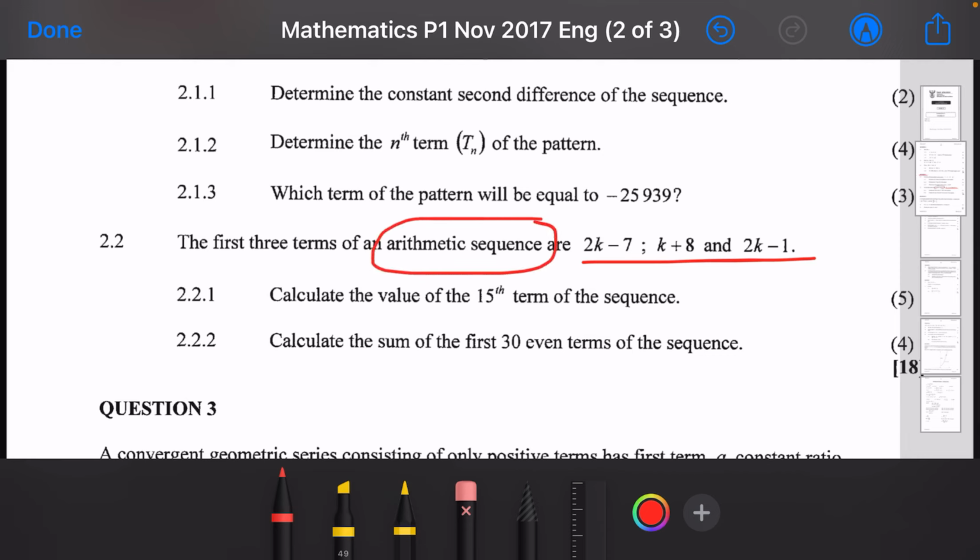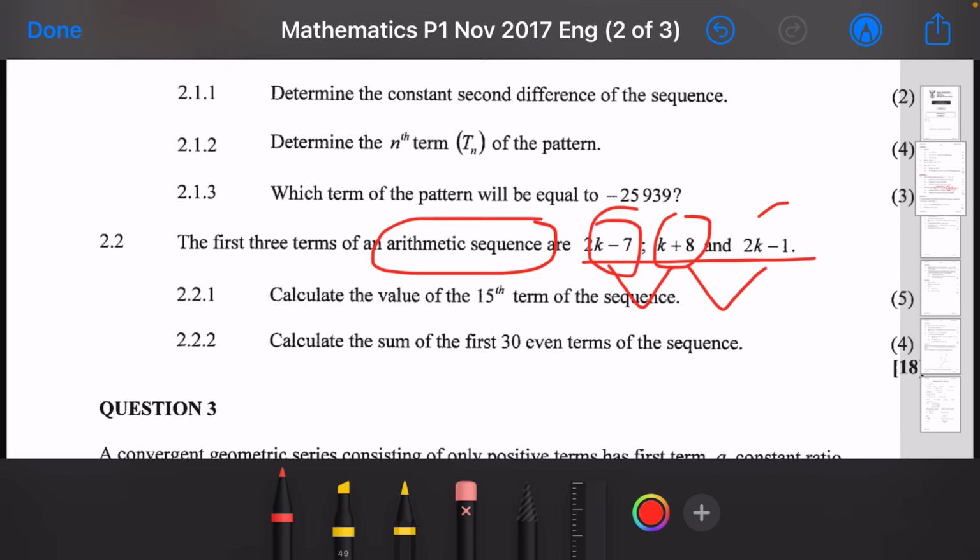That's if they said which term of the sequence is negative 19. Otherwise, if they say which term of the sequence is equal to negative 40, then you know that term is 1, 2, 3, 4. Then you just say n is equal to 4.